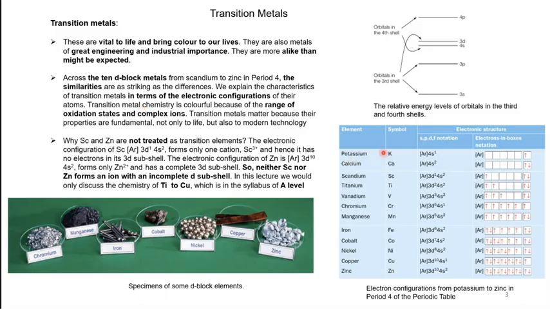If we remember, we said potassium or sodium, the S block elements, had a fixed oxidation state, +1 oxidation state. Here, transition metals have variable oxidation states, whereas S block elements have only one oxidation state, no variable oxidation state. This is one sharp difference between S block, P block, and transition elements.